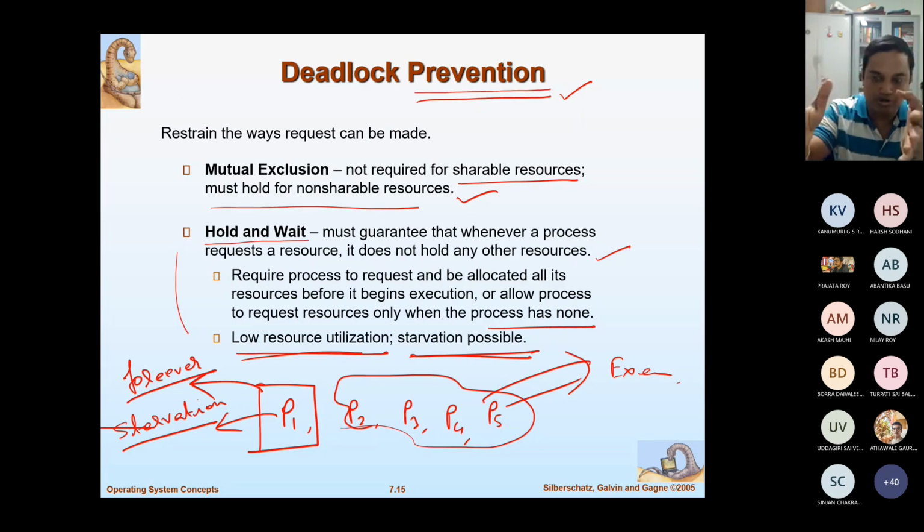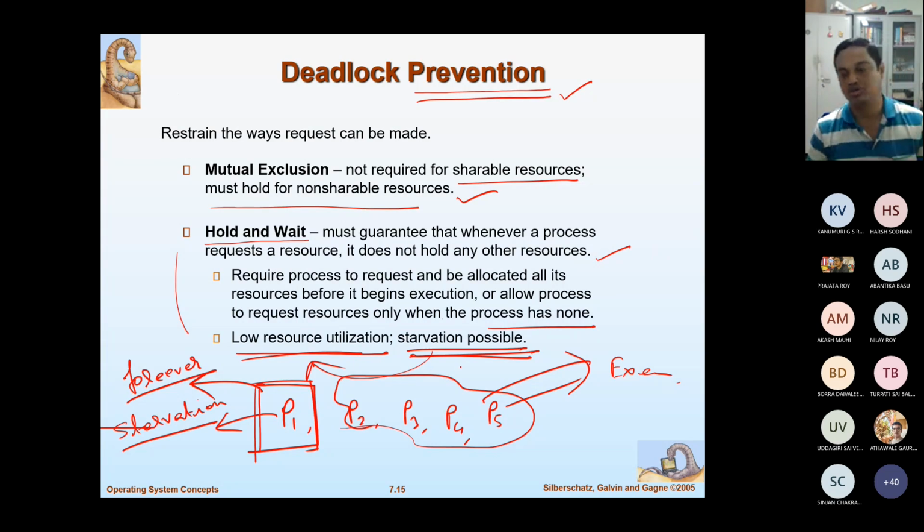If you enforce this property, then there might be a chance that some processes like P1 will never get the chance to get all the required resources and be executed. So that leads to starvation, and that is also called low resource utilization, because P1 is not getting all its required resources.